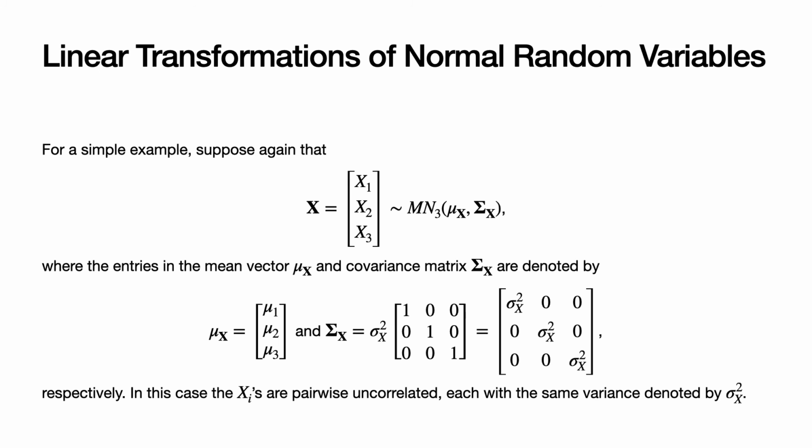Now, again, in this case, the x's are all pairwise uncorrelated, and they all have the same variance, which we're denoting by sigma squared sub x.